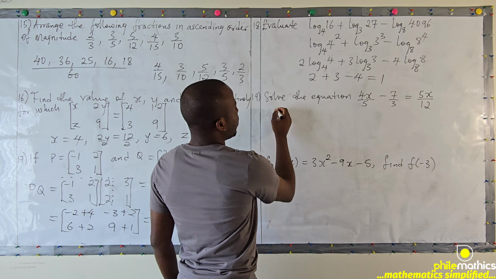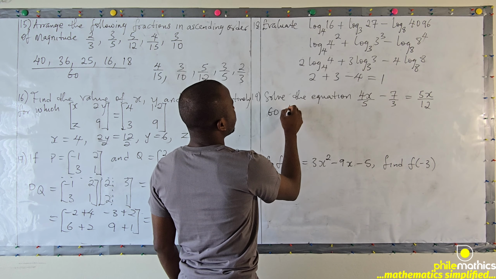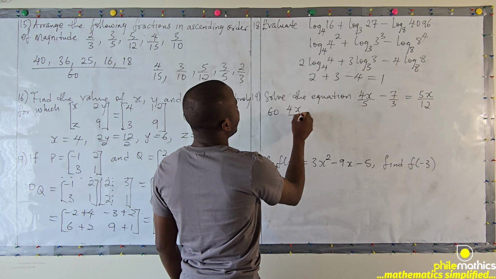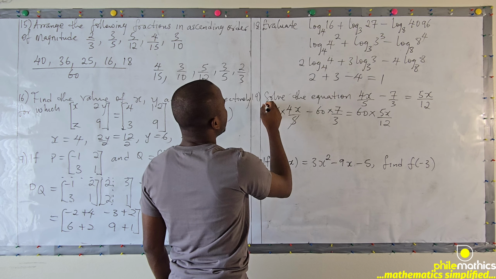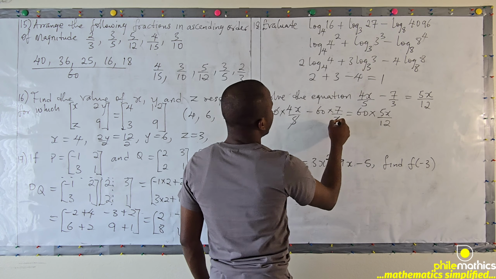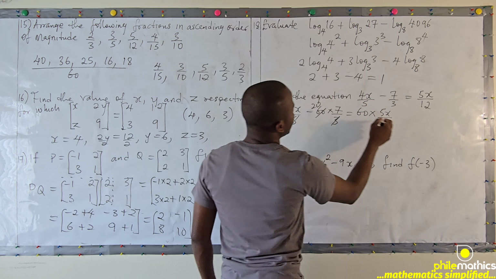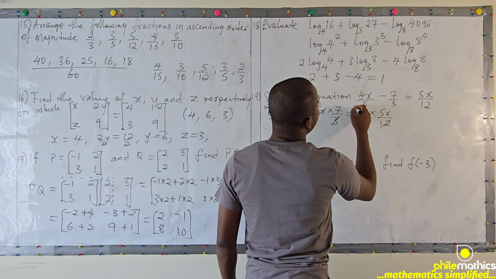So to multiply through by the LCM, I have 60 times 4x over 5 minus 60 times 7 over 3 equals 60 times 5x over 12. 5 into 60 is 12. 3 into 60 is 20. 12 into 60 is 5. We have 12 times 4x minus 20 times 7 equals 5 times 5x.